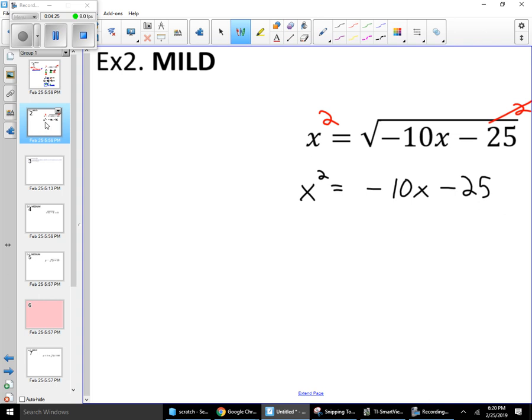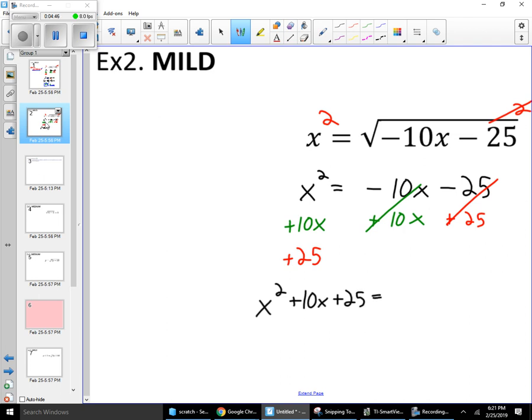In other words, it needs to be equal to 0. So to get that, I'm going to add 10x to both sides. And I'm also going to add 25 to both sides. So far, it's not any different. X squared plus 10x plus 25, whole thing's equal to 0.